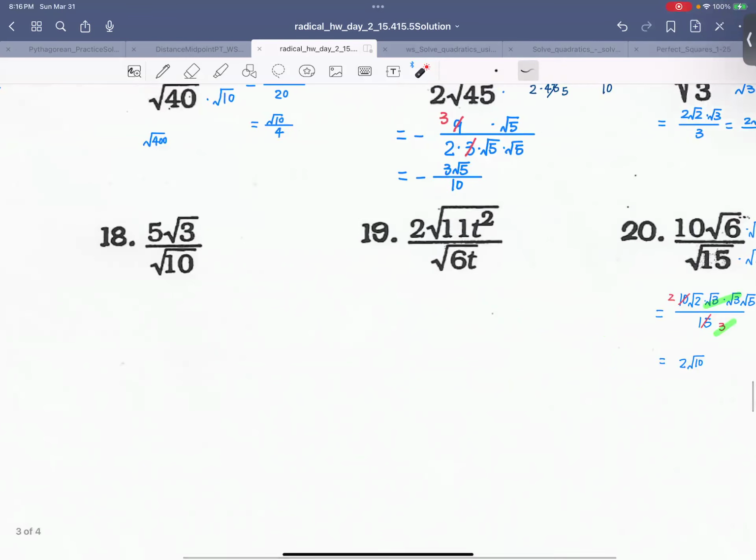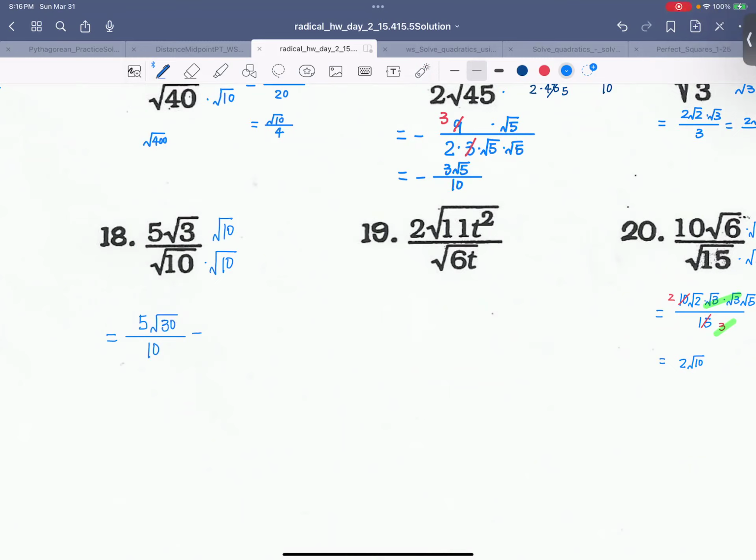Now, Ryan, try this one. Go. You're going to multiply both sides by square root of 10. So the denominator is going to be 10, and then the top is going to be 5 times square root of 3 times 10, which is 30.